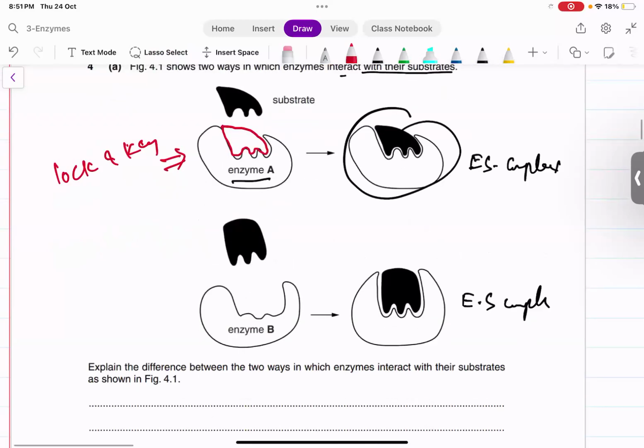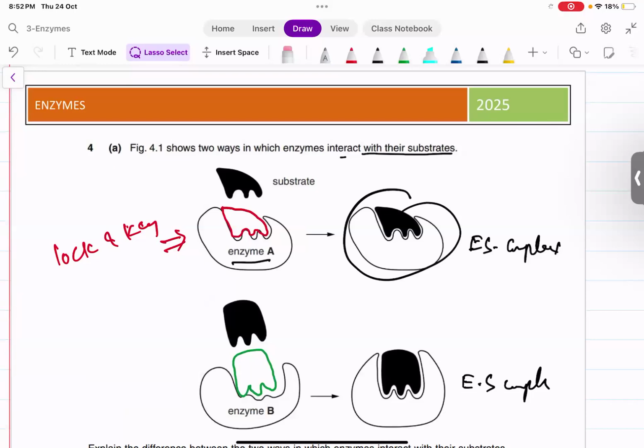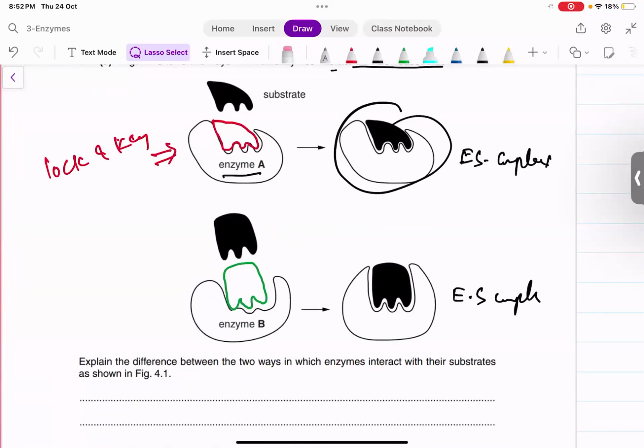But in this case, if you look at this, is this an exact fit? No, this is not an exact fit. So this has induced a change in this shape so that this is now an exact fit. So this is the induced fit model.